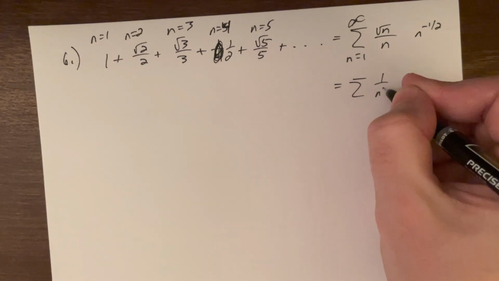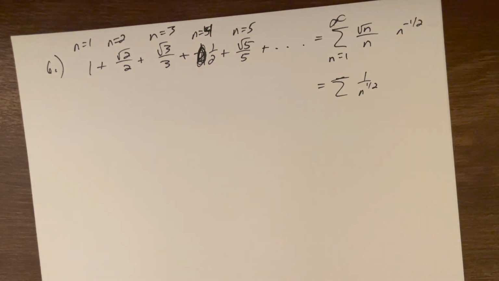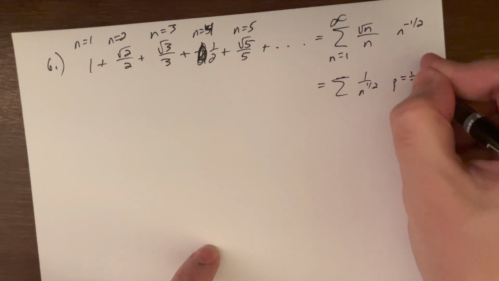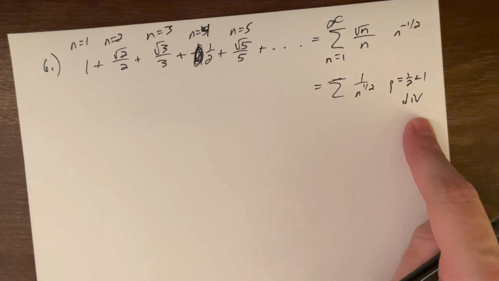So I could put it in the denominator as n to the positive 1/2. And we actually looked at this one already. It looked a little different the way we started, but this is really the same as number 5. P is 1/2, less than 1, so this diverges.